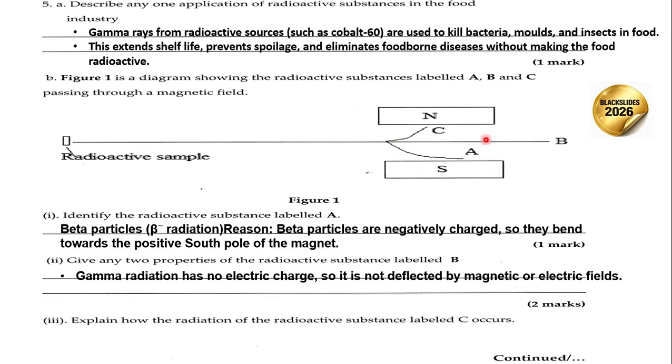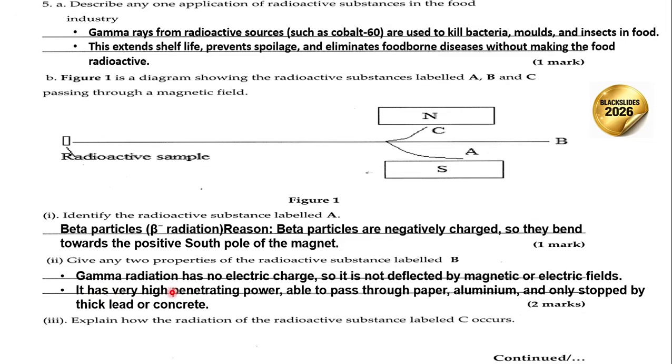The fact that it is never deflected either towards the north or the south pole means it's gamma. Another property is that it has very high penetrating power, meaning it passes through paper and aluminium, and can only be stopped by thick lead or concrete. So two properties, 2 marks.